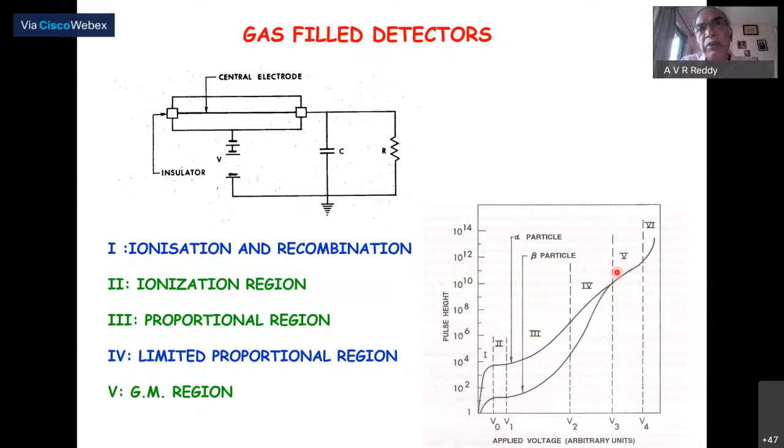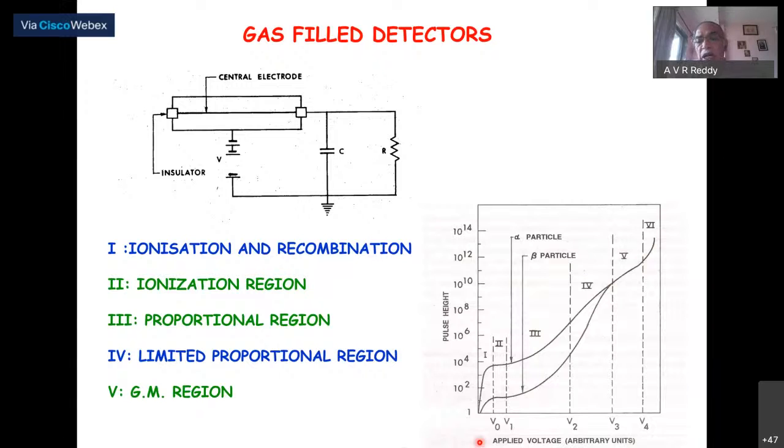That is called GM region. And this is the region where, because of the non-correlated de-excitation of the excited positive ions and subsequent photoelectric effect, electrons not related to the primary ionization will be produced. So gas discharge takes place. That is a useless region. It is called discharge region.